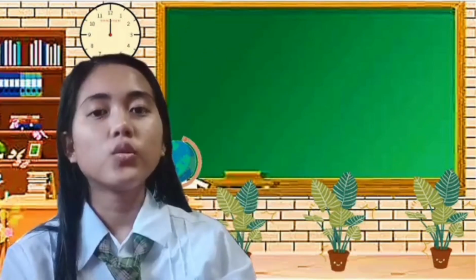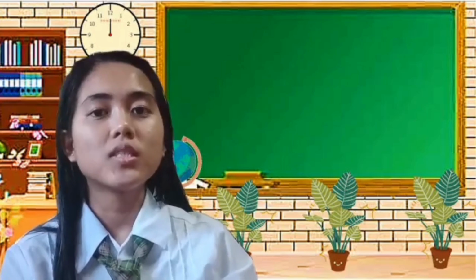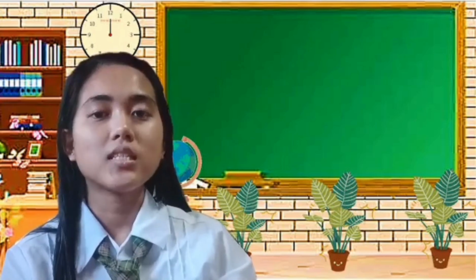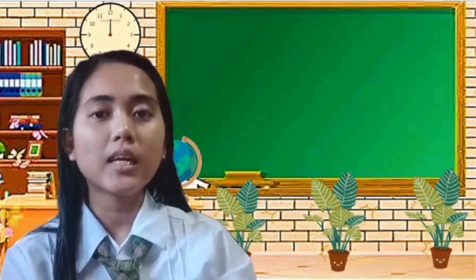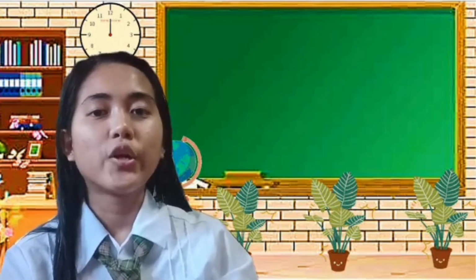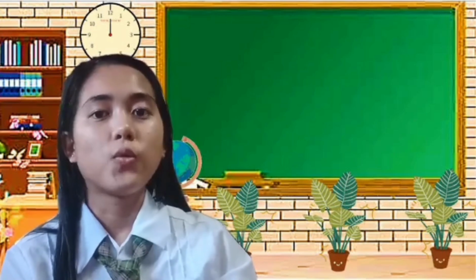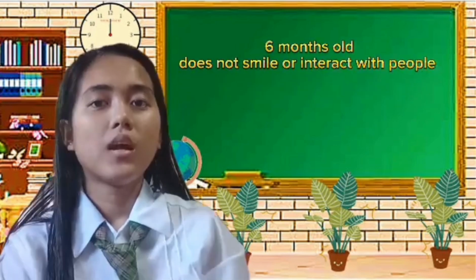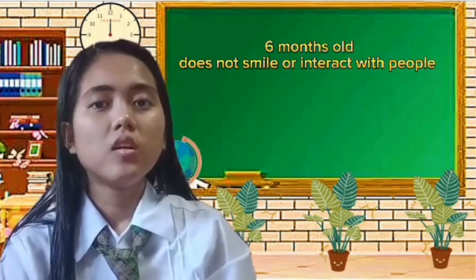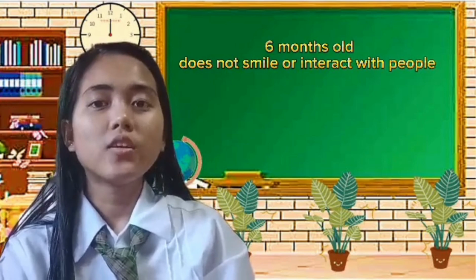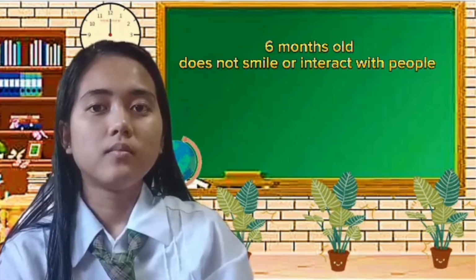So now, we can move on to the red flags of socio-emotional. According to Children's Health Queensland and Health Services, the following indicate the red flags under socio-emotional domain. At 6 months old, does not smile or interact with people.